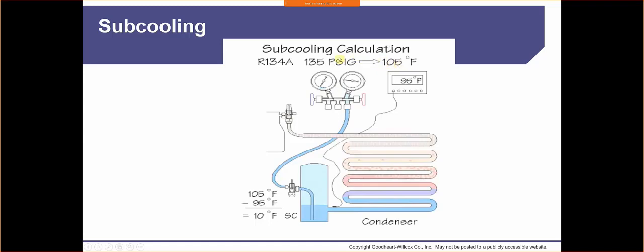As I move through the system, my refrigerant gets cooler and cooler until I'm measuring it right here, and guess what? Now it's 95 degrees. So I've removed 10 degrees, or I'm 10 degrees lower than my saturation point. So I've got a little bit of a barrier here before it's going to turn back into that saturated vapor.